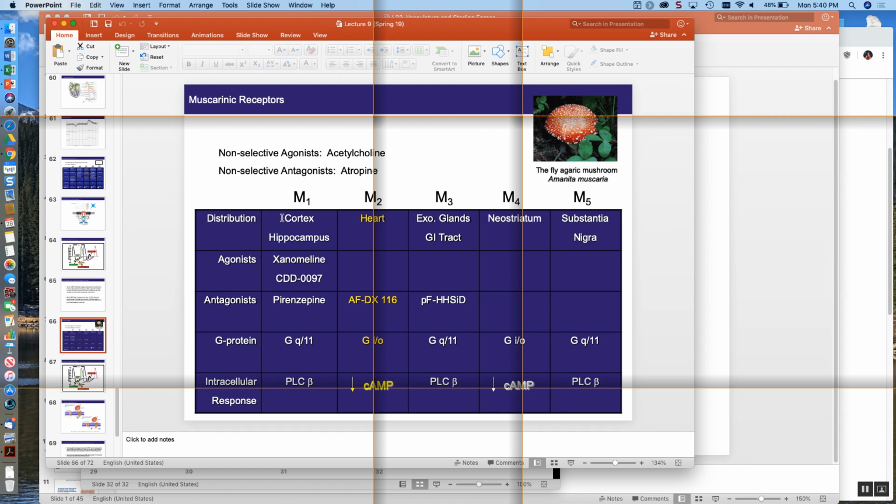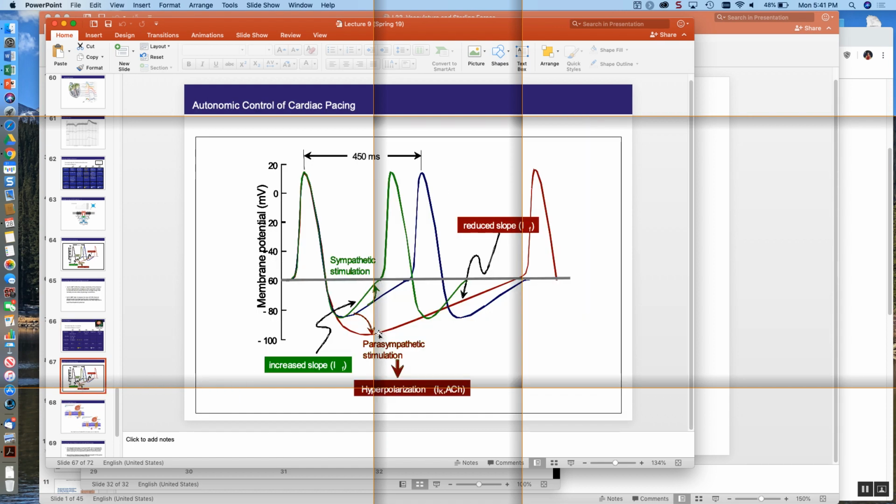It is Gi coupled. It decreases cyclic AMP in the cell, and you can see that it makes that phase 4 of the SA nodal action potential more shallow. It decreases the slope of phase 4, so it takes longer to reach threshold.